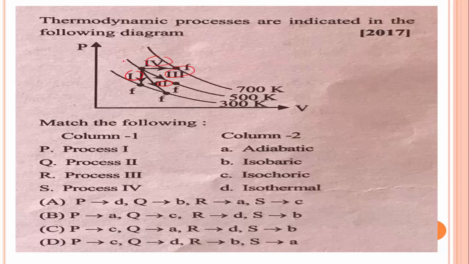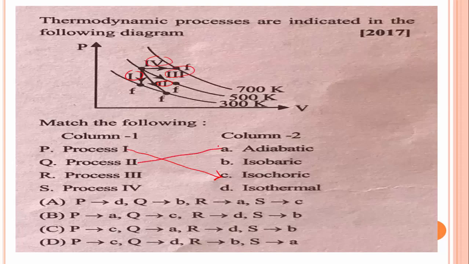Process 1 is an isochoric process, where the volume is kept constant.